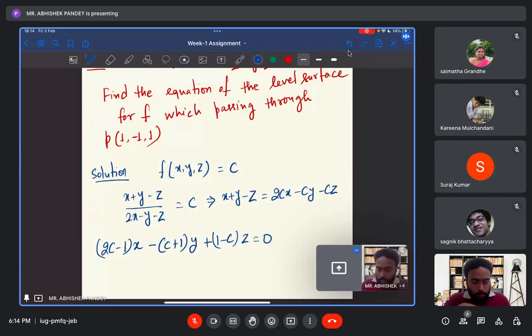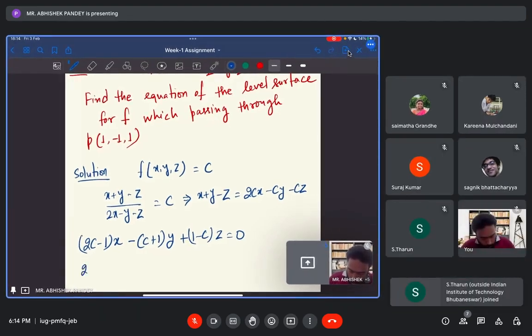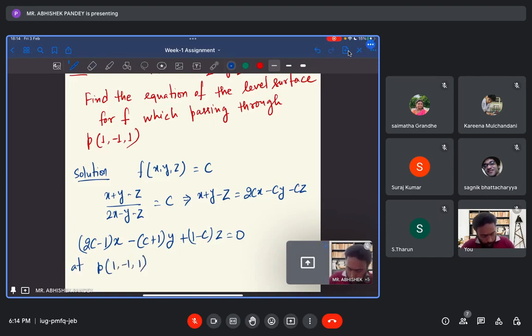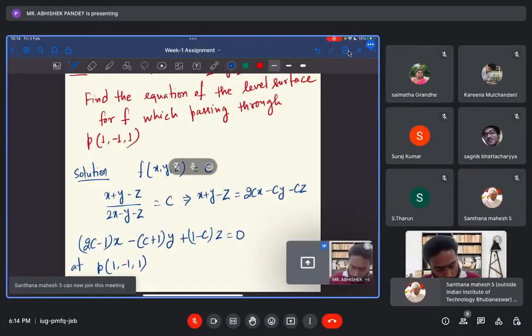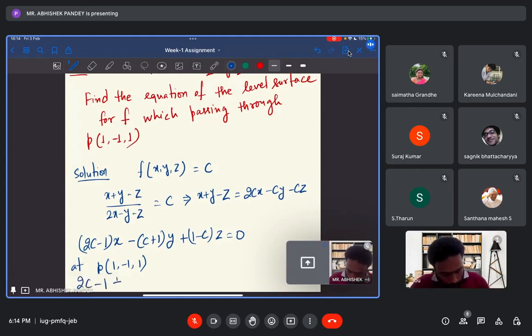Now this level surface passes through the point (1, minus 1, 1). Once you put x equals 1, y equals minus 1 and z equals 1, it will satisfy this equation. So at this point we have 2c minus 1 plus c plus 1 plus 1 minus c is equal to 0.